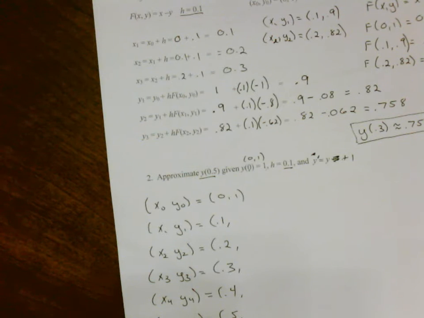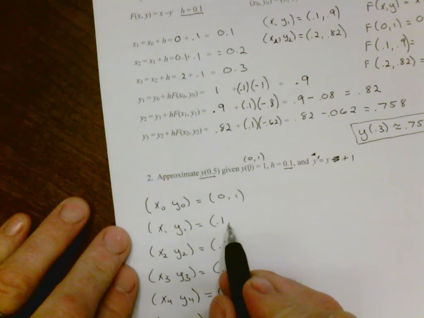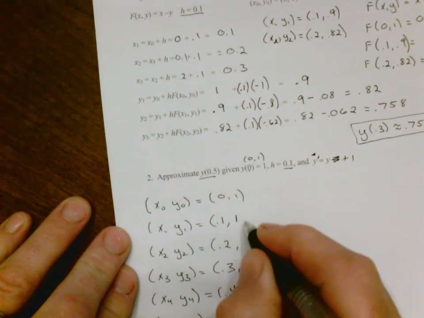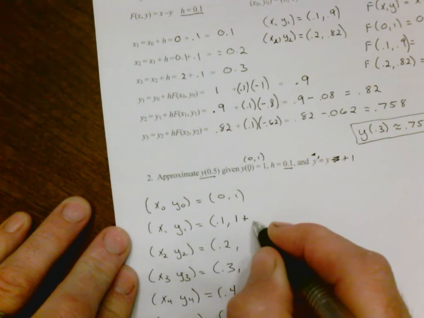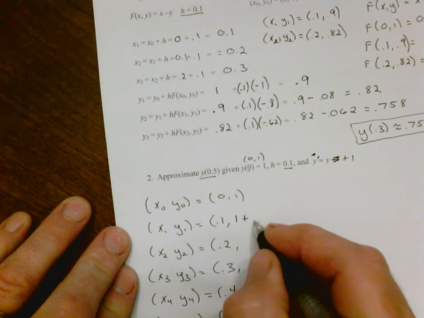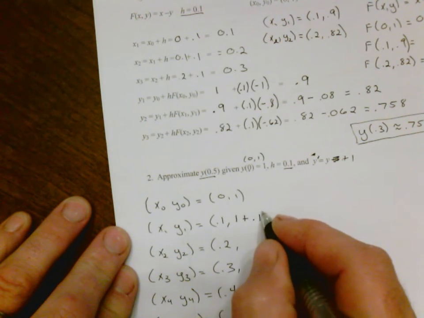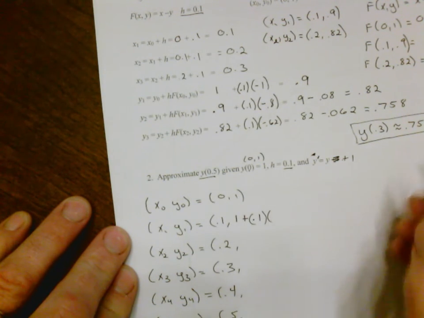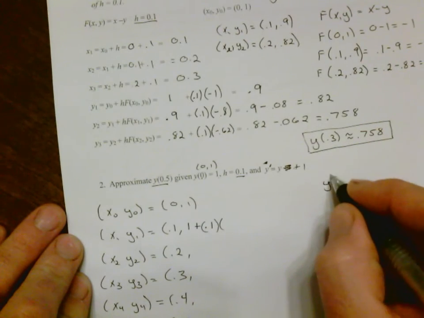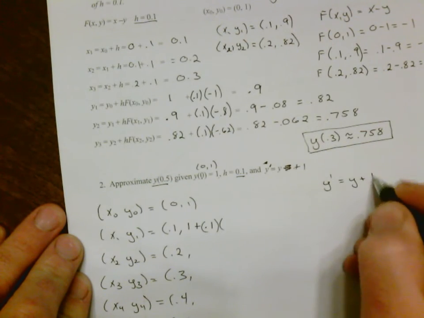Okay? So I just need to calculate what this is going to be. So remember, we go to the prior y location, which is 1, plus you're going to add on the step of 0.1, and then times the derivative at the prior location. So I have y prime is equal to y plus 1.